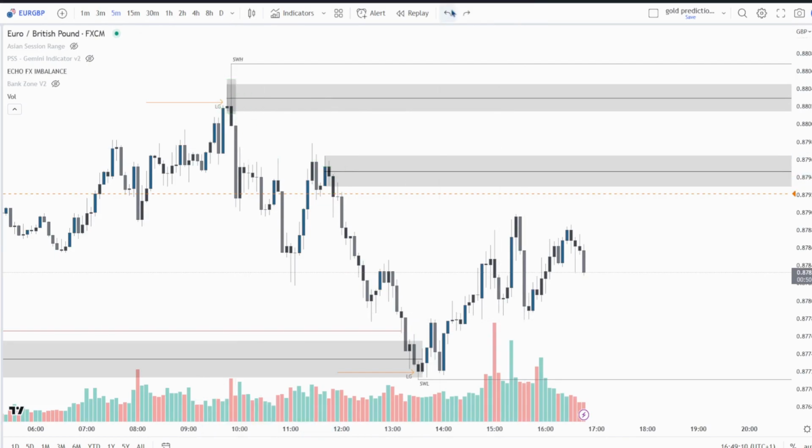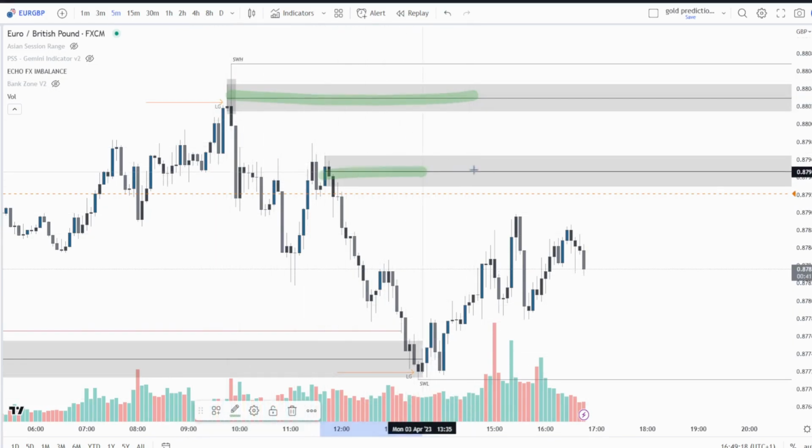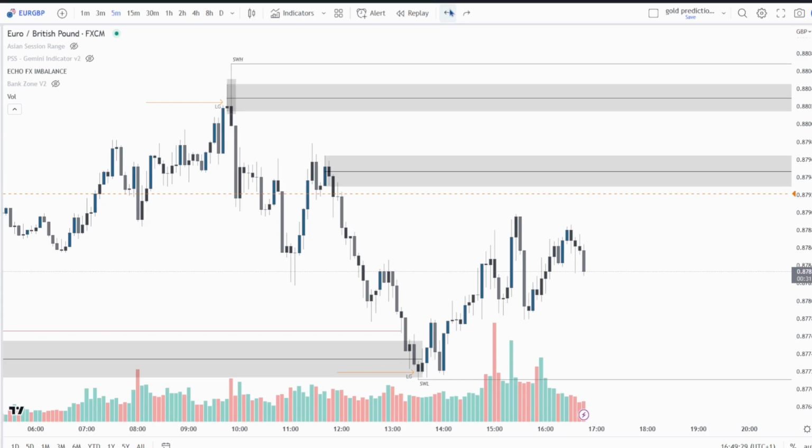So it allows us to then define this downwards move with our criteria that we have and refine two separate areas in this case. Sometimes it's one, sometimes it's two, that we can look for much higher probability setups to occur from.